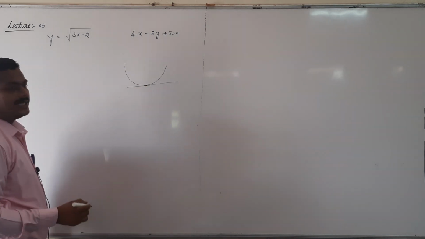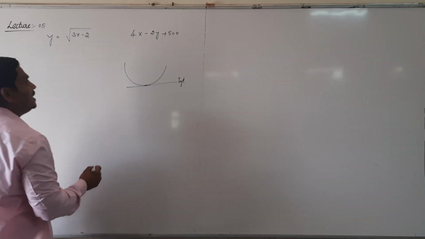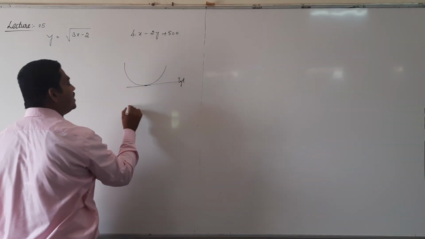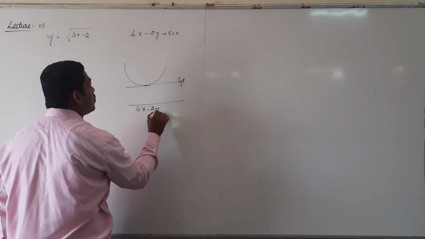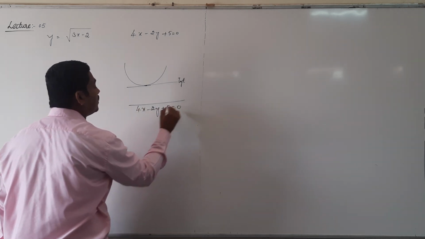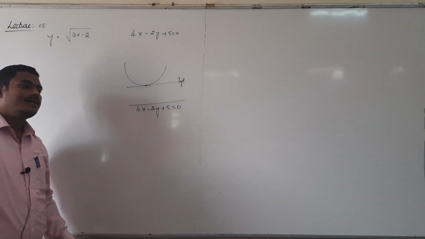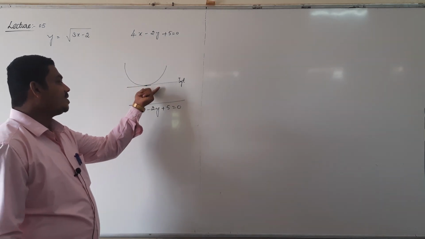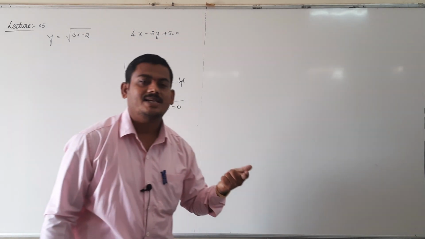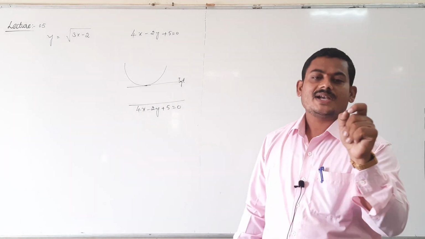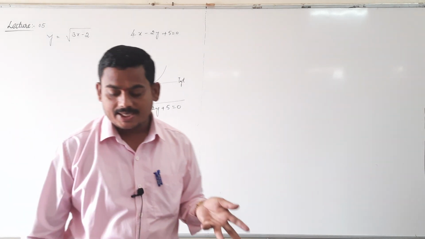This tangent line is parallel to the line whose equation is 4x minus 2y plus 5 equal to 0. In this case, indirectly the slope of the tangent line is given, because these two lines are parallel, so the slope of the given line is the same as the slope of the tangent line. Now our requirement is to find one of the points on that curve. After that, write its equation.